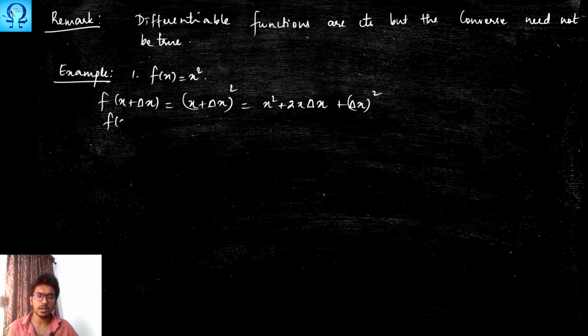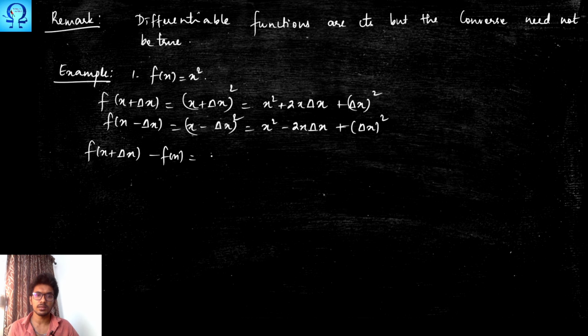If you find f of x minus delta x, this happens to be x minus delta x whole square, which is x square minus 2x delta x plus delta x whole squared. Now f of x plus delta x minus f of x is x square plus 2x delta x plus delta x whole square minus x squared.